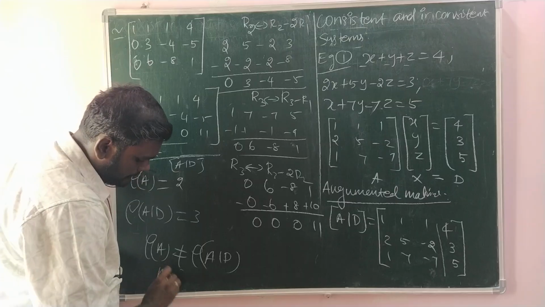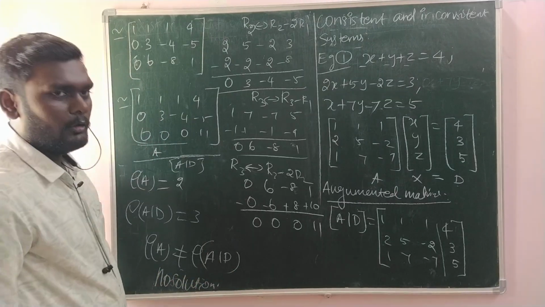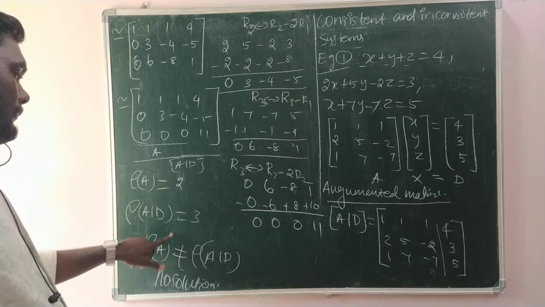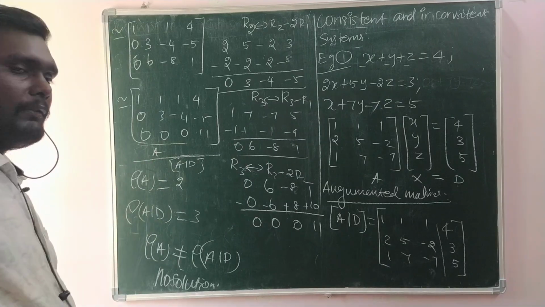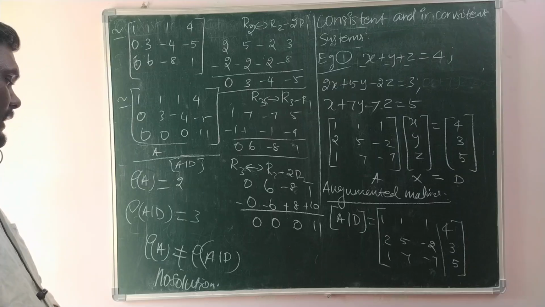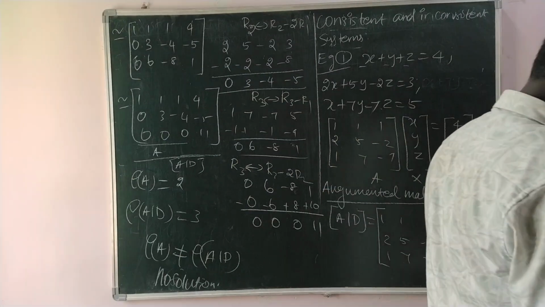So there will be no solutions. No solution, man. First of all, both of them should be equal. Then only by comparing it with the unknowns, we will define whether it is unique or infinitely many solutions. Okay. We will solve one more question.